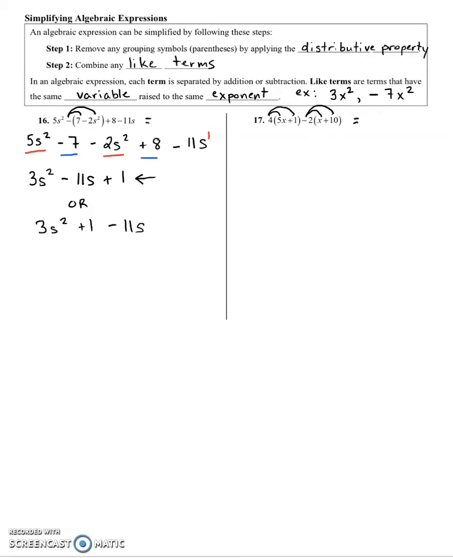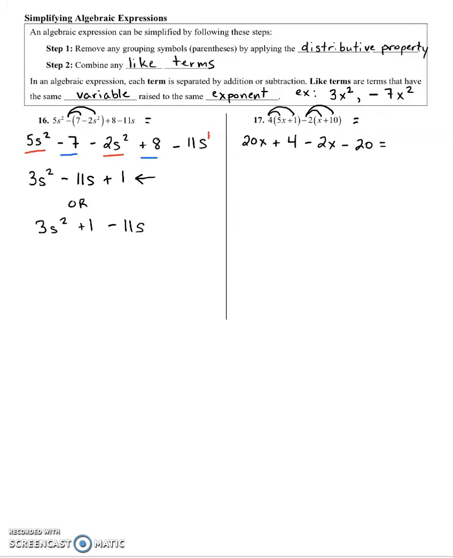So when we do that, 4 times 5 is 20x, plus 4 times 1 is 4. -2 times x is minus 2x, and -2 times 10 is a -20.